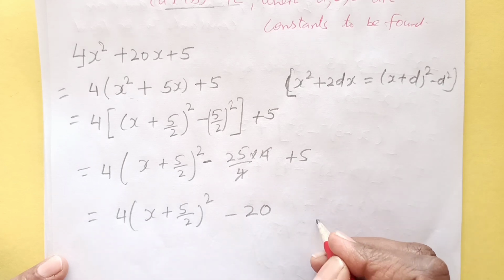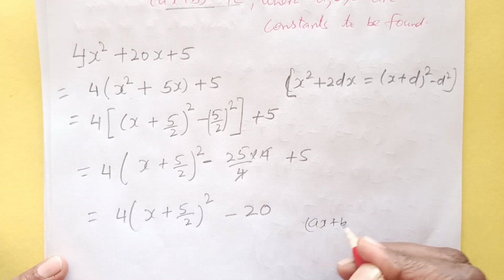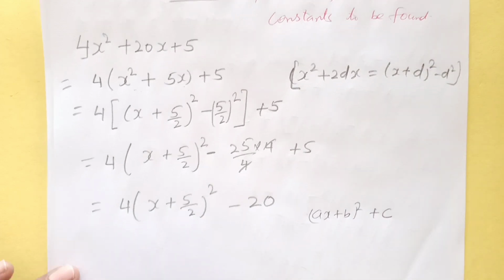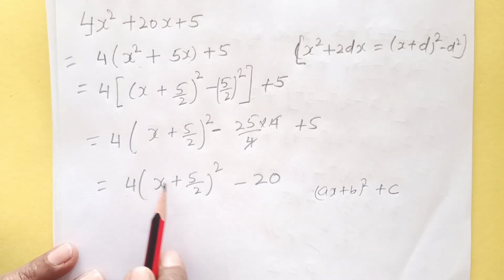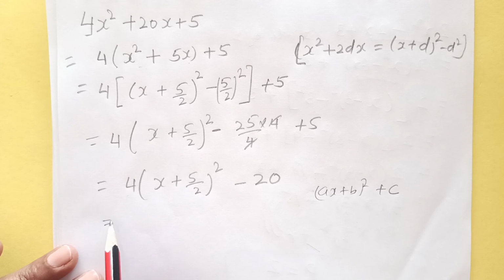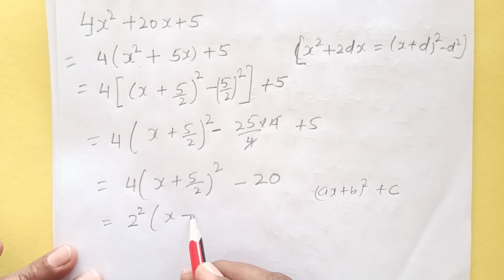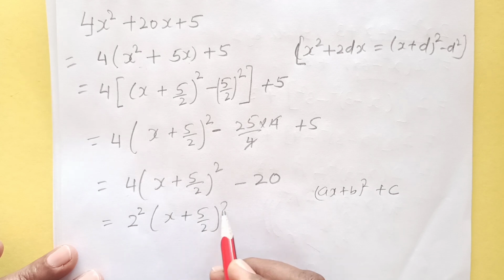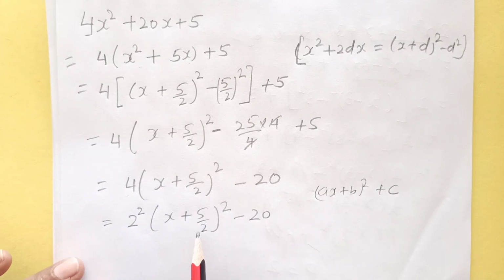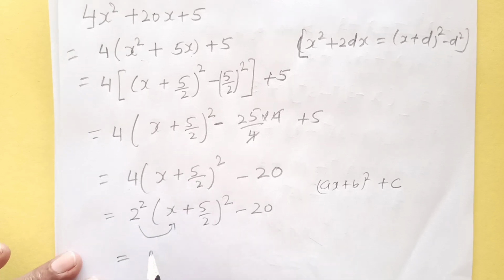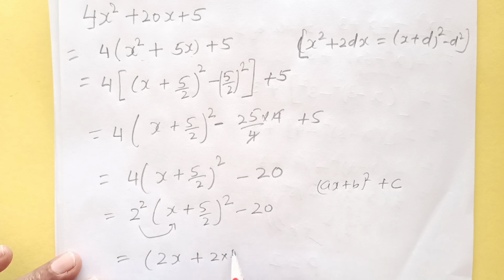Now the required form is like this. Now we have to multiply this 4 again inside. Now how does this 4 come in? If I take it as 2 squared, it is going to be like this, because there is a square, so when it enters inside, it will remain only 2 times x plus 5 over 2, squared, minus 20.